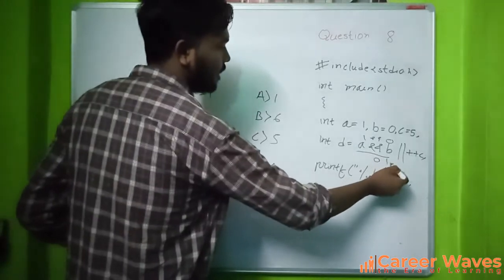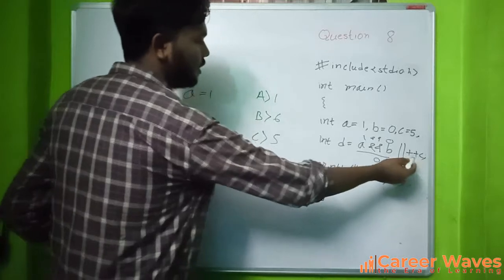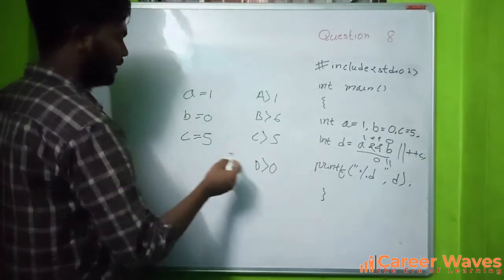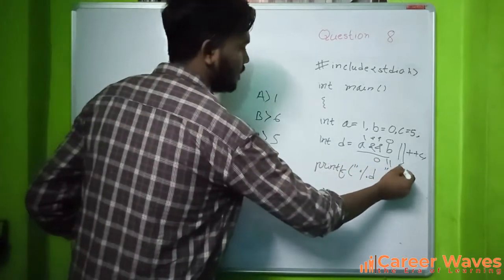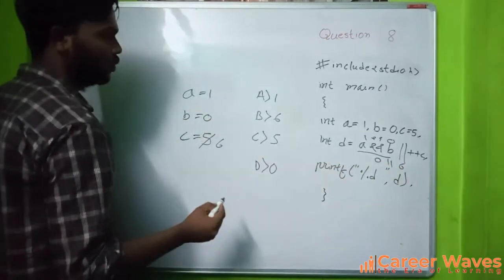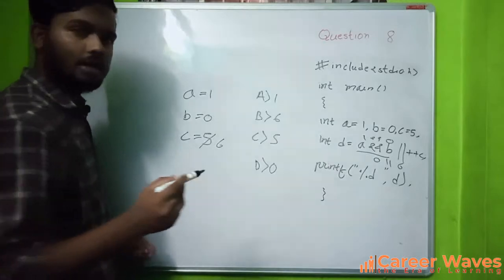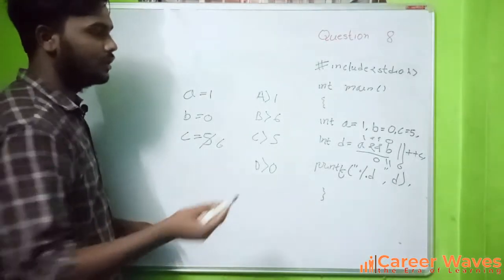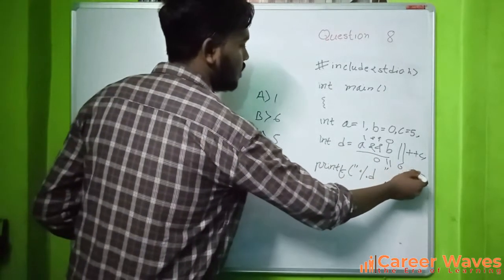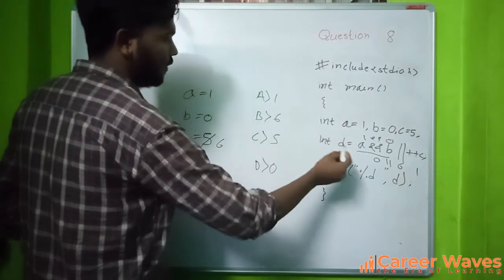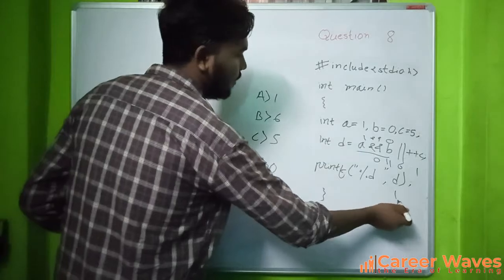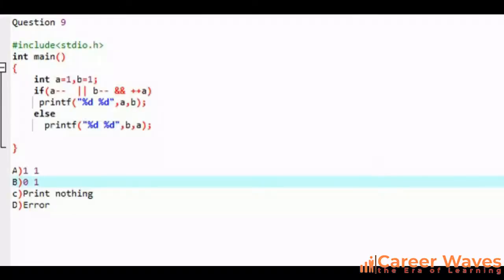Now 0 with logical OR c, where c is the pre-increment, so the value becomes 6. 0 or 6 will be evaluated as true, because logical OR always returns true or false, so this will return true, and the value of that will be stored in D. So the value of D is 1, then it will print %d 1.